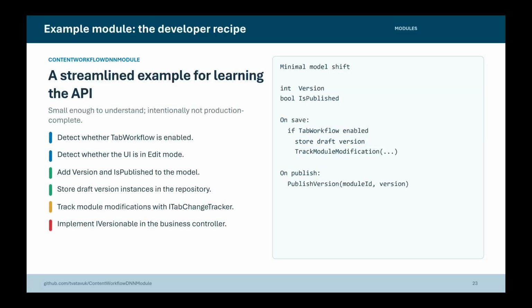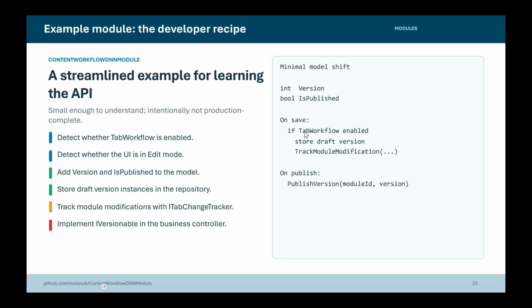So that module supports publish workflow. And actually, it is a very simple thing. Here, you see, you need to track a version and publish state of your content. On the save action, you need to check if the tab workflow is enabled.